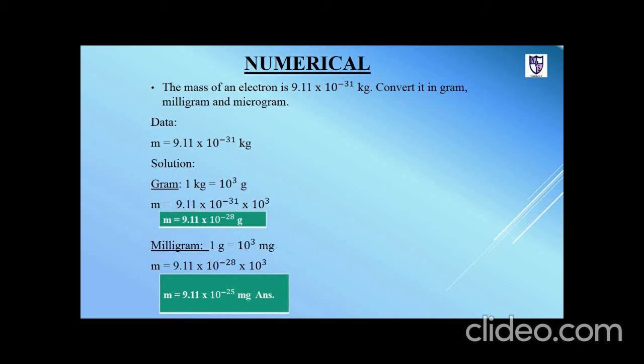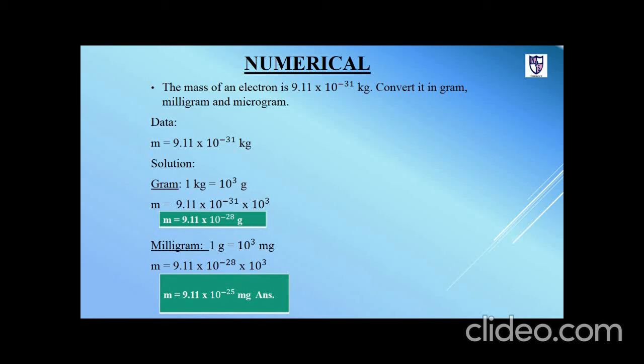We can use calculator for this exponent multiplication, but here is how we can calculate it without calculator. For example, look for the conversion of milligram. 9.11 exponent minus 28 multiplied by 10 cube.